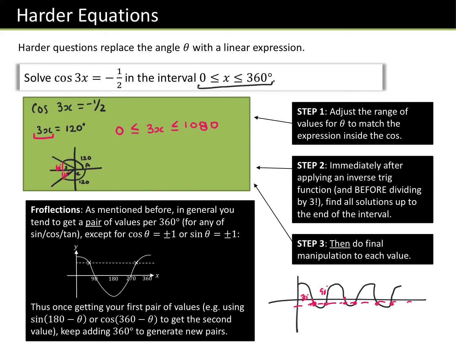Okay, so now think about this. I start at 0, because this is 0, isn't it? I'm going to do this anticlockwise. And I get to my first angle, which is 120, which I've already written down. So 3x equals 120. Okay, I carry on. I get to this angle, this is 180 plus 60, which is 240.